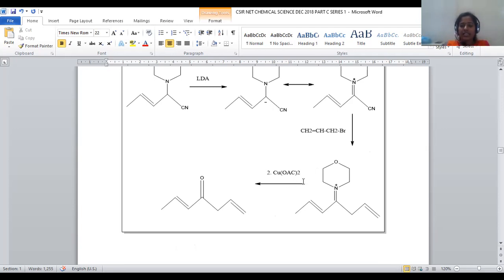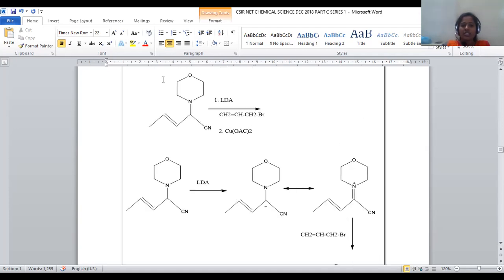Under copper diacetate catalytic conditions, it is further subjected to hydrolysis. Whenever hydrolysis is possible, the imide bond is there, that imide bond gets cleaved, and here we will achieve this carbonyl functional group. Okay. Now upon hydrolysis, this imide bond turned into a carbonyl functional group.